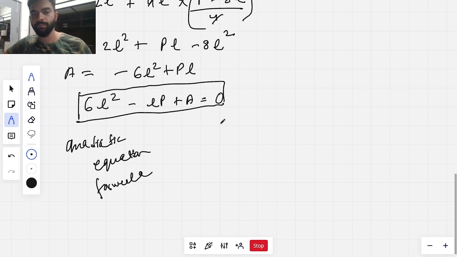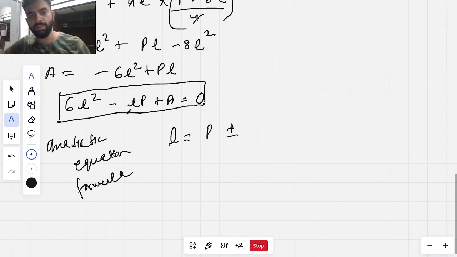So a, b and c are my terms, right? From here I'm going to substitute the values to find L. So L equals, since a is 6, P plus minus of B, which is minus of minus P, is plus P, plus minus root over P square minus 4AC.